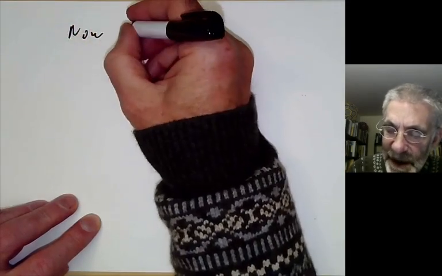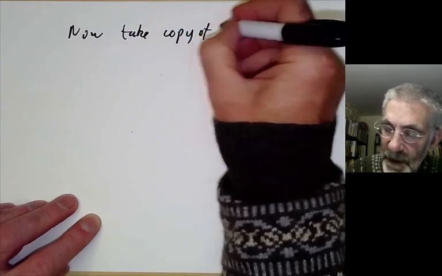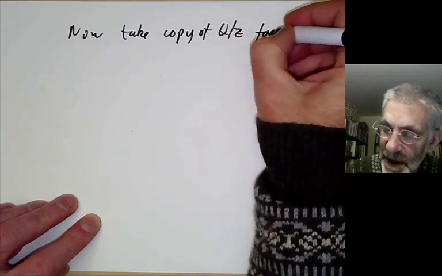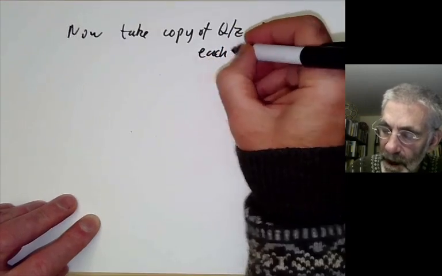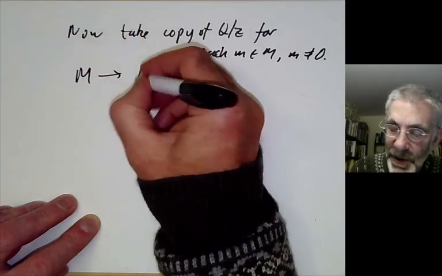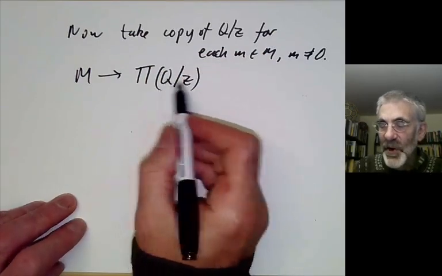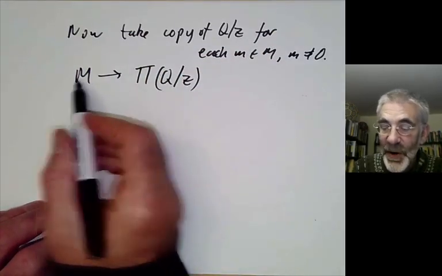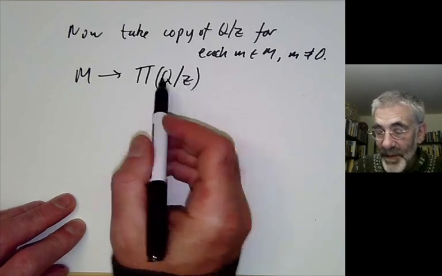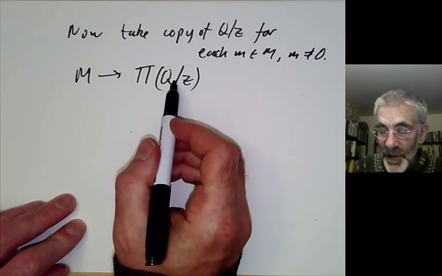Well, now we take a copy of Q/Z for each m in M with m non-zero. So we're now going to map M to this product of copies of Q/Z. And for each element of M, we're going to map it to something non-zero in the associated copy of Q/Z.